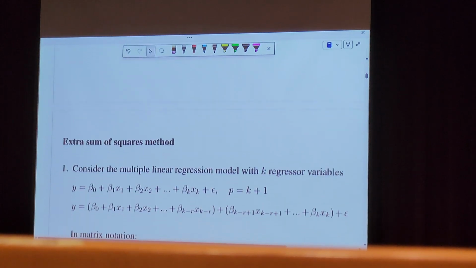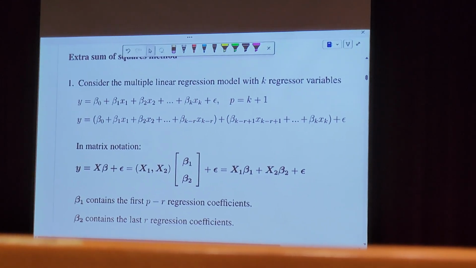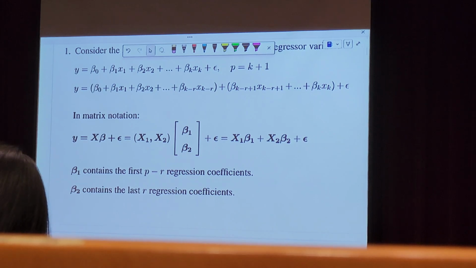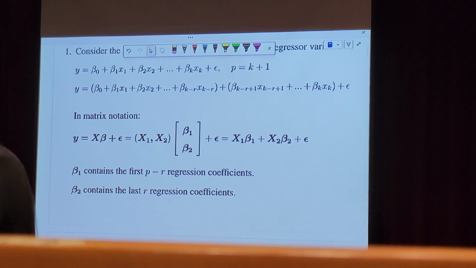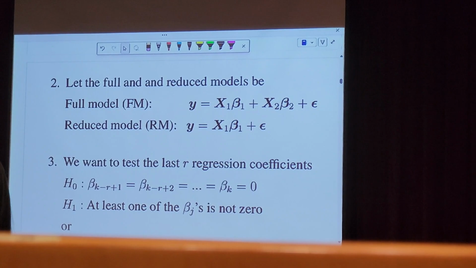We have a model here, y equal to x1 beta 1 plus x2 beta 2. So what that means is we already have a model.